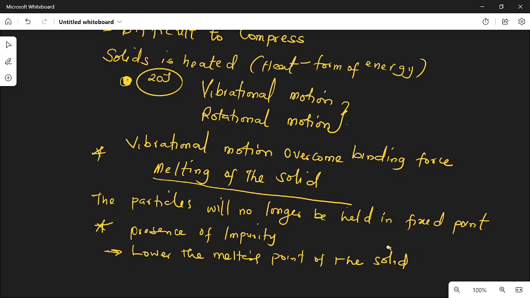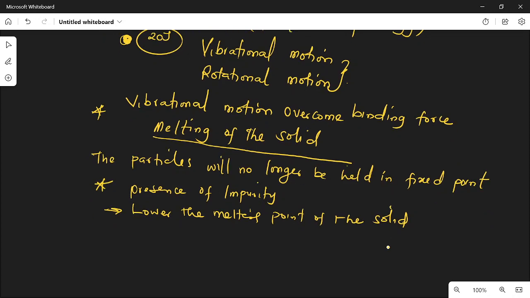So instead of melting suddenly, because of the presence of impurity, it will liquefy gradually.